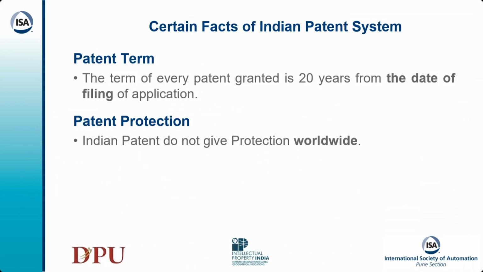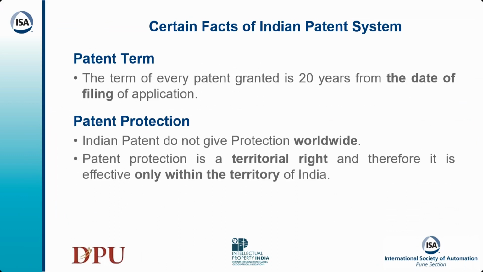Now patent protection, the very important thing I would like to mention here is that Indian patent does not give protection worldwide. This is a very important thing one has to understand. Once you file the patent, that too an Indian patent, you cannot claim that worldwide. Patent protection is a territorial right and therefore it is effective only within the territory of India.